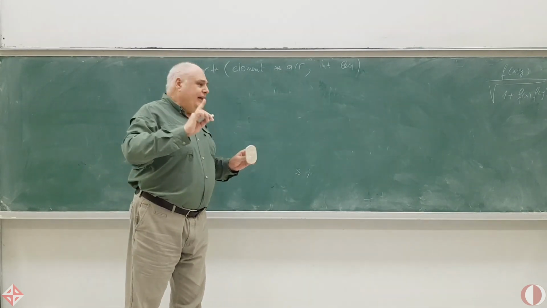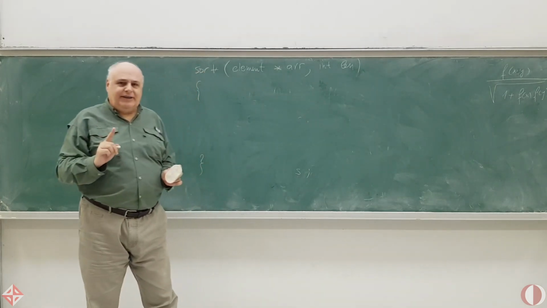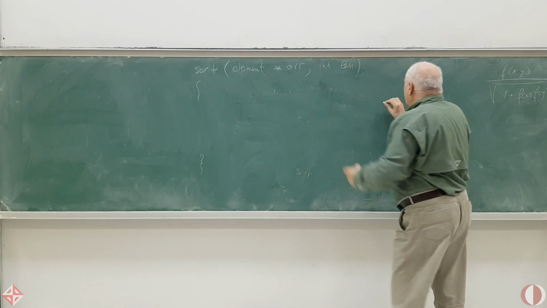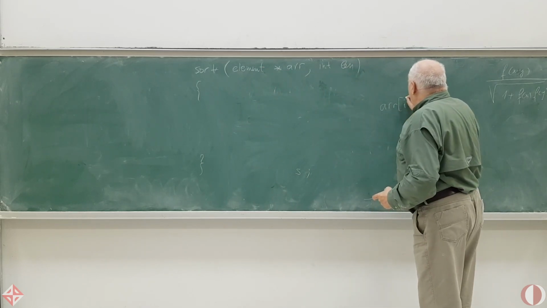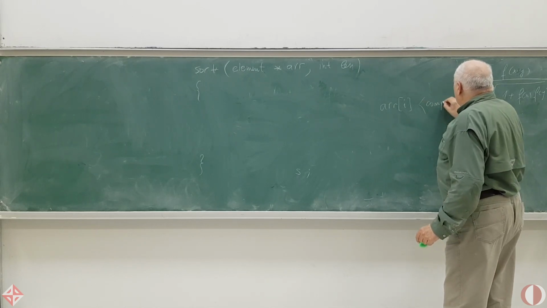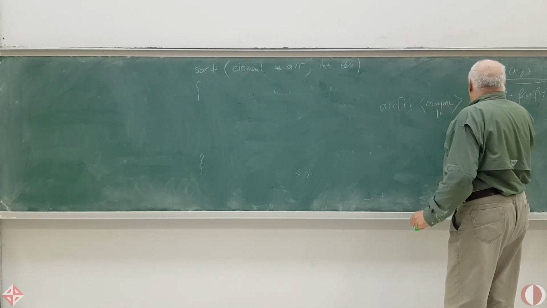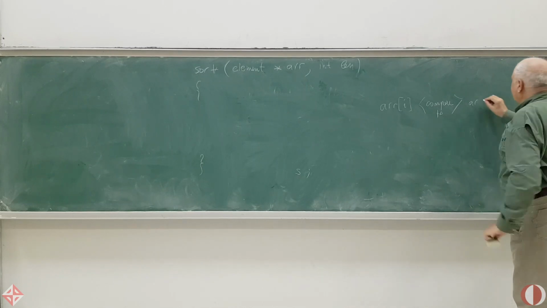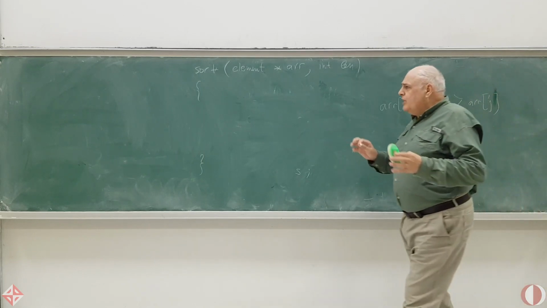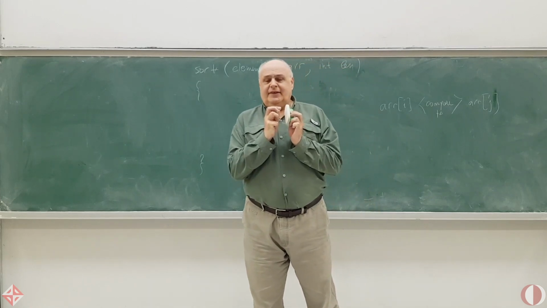Somewhere at a single point or at several points of the algorithm, it will be the case that an array element I is compared to array element something else, J, right?